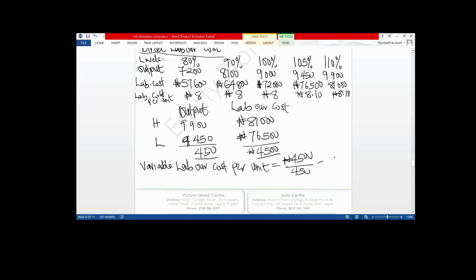This is equal to 10 naira. That means for production above 100%, it's going to be 10 naira per unit. For production within 100%, labor cost is 8 naira per unit. Is that clear, please? Yes, sir. All right, we can now move to production.